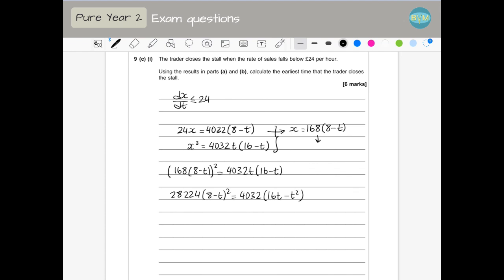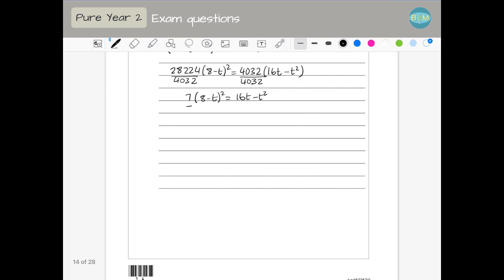I can divide everything by 4032 because I get a nice whole number. So this is 7 multiplied by (8 minus t) squared equals 16t minus t squared. I expand the brackets, so 64 minus 16t plus t squared, and the other bracket gives 448 minus 112t plus 7t squared.